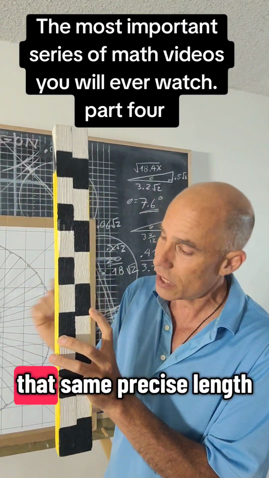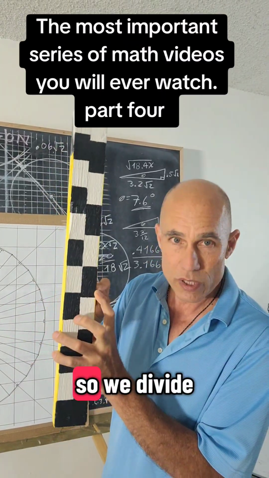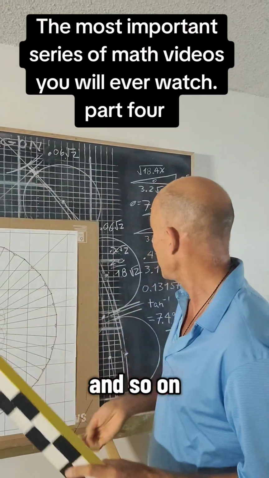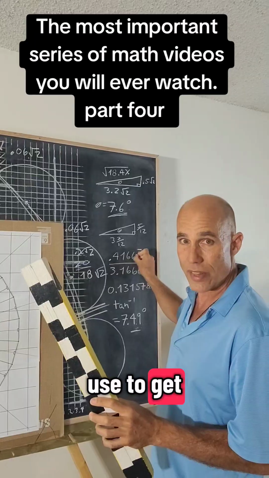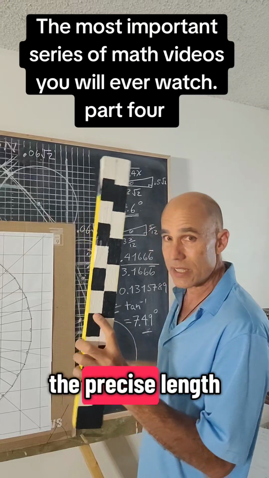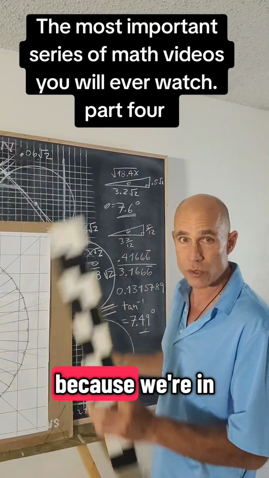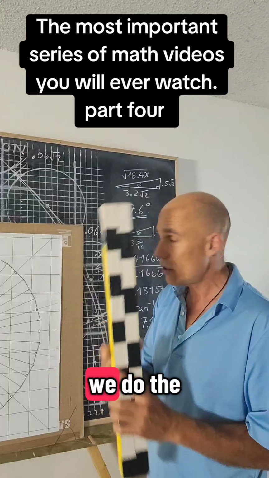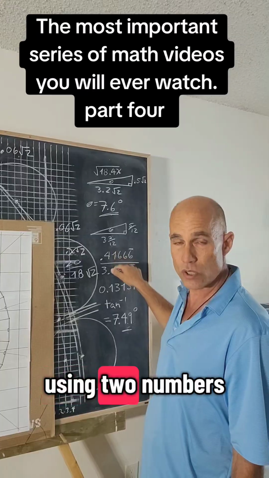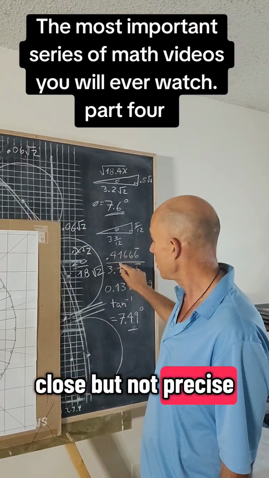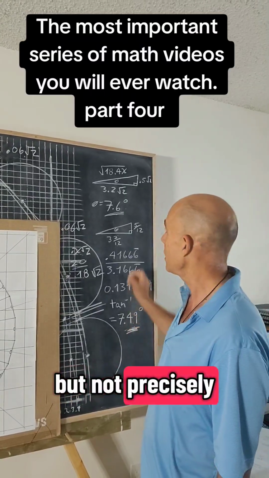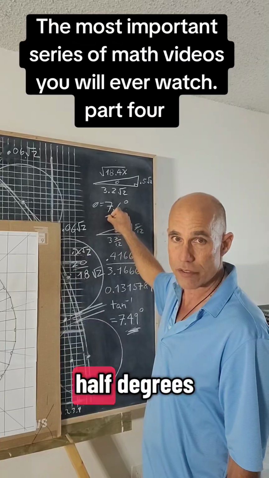Still haven't reached that same precise length. So we divide that little square into tenths, go another 6, and so on. That's the process that we use to get that number, never reaching completely the precise length of 5/12ths because we're in base 10. We do the same thing with this side. So using two numbers that are very close but not precise, we get an answer that is very close but not precisely the same as 7.5 degrees.